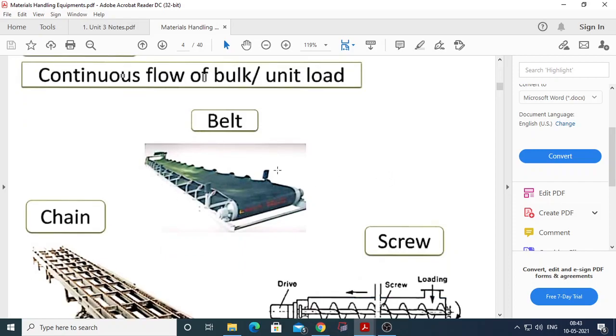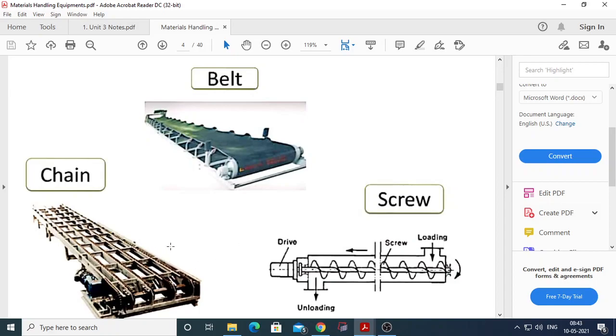If you take the example of the belt, here we load the material, then here is a discharge point. Means this path is fixed in a continuous flow, right? You can move the material horizontally as well as in an inclined direction. Okay, it is mainly used for bulk load.